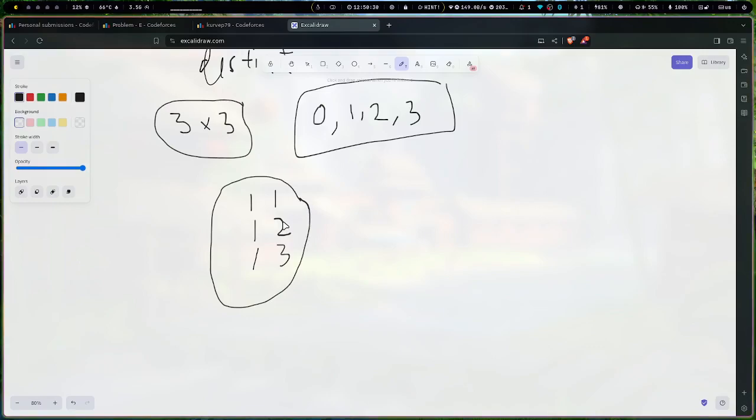And yeah, that's it. So here, what is the difference between this and this? 1. This is also 1.